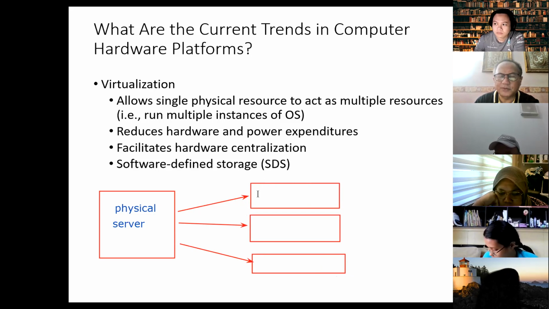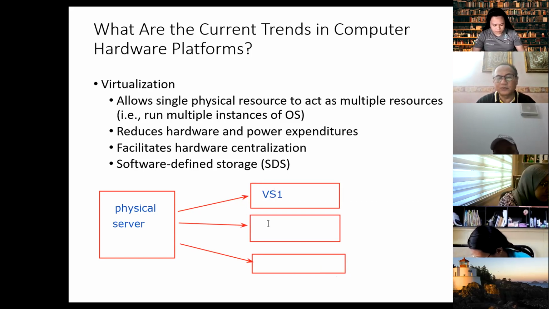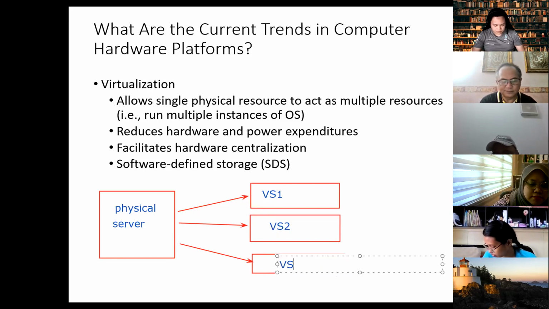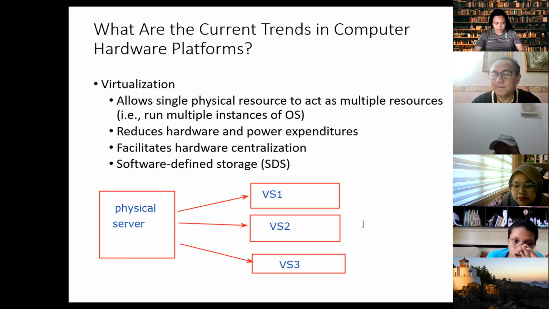So we have virtual server 1, virtual server 2, virtual server 3. This is called virtualization, where we reduce the power and hardware expenditure because, in fact, physically there is only one server, but you can manage the virtual servers as if they are separate servers.